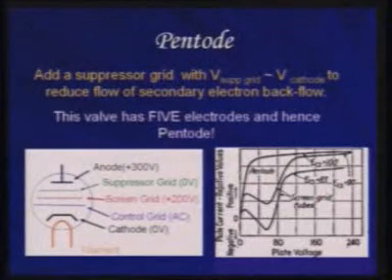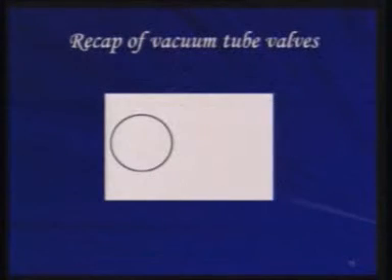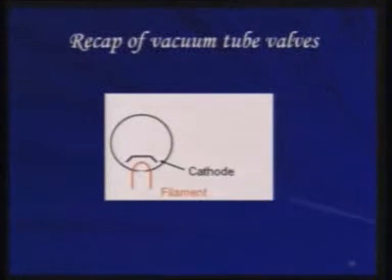We'll just recap this. In essentially any vacuum tube valve you have a typical vacuum chamber, or vacuum encapsulation, in which you have a filament. After that you have a cathode with a low work function, which aids in electron emission.